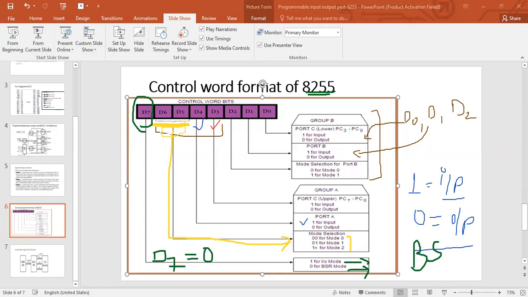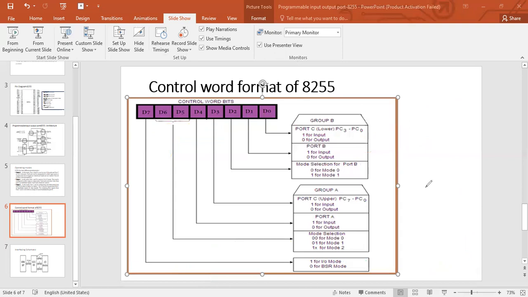BSR means bit set and reset mode. And if the value of the D7 bit is 1, then it will act in input-output mode. So this is all about the control word format of 8255. The value of the D0 to D7 bits decides the control word of this programmable peripheral interface.